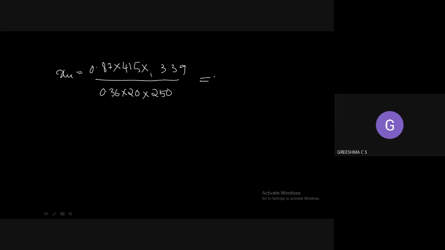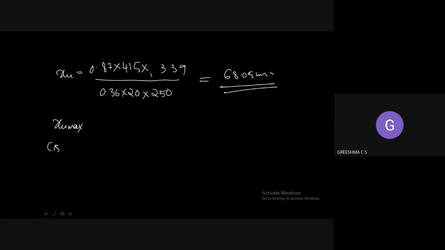At 68 point. Okay, 68.05, correct. Okay, 68.01 is the xu value.